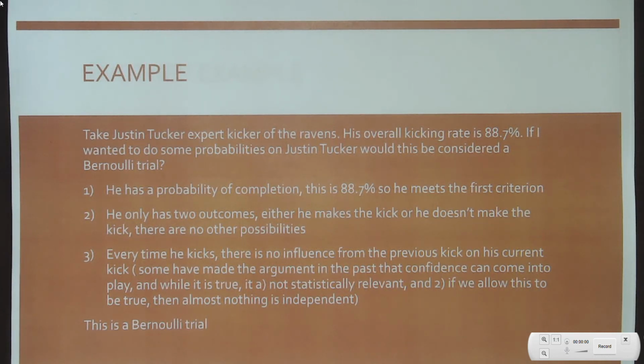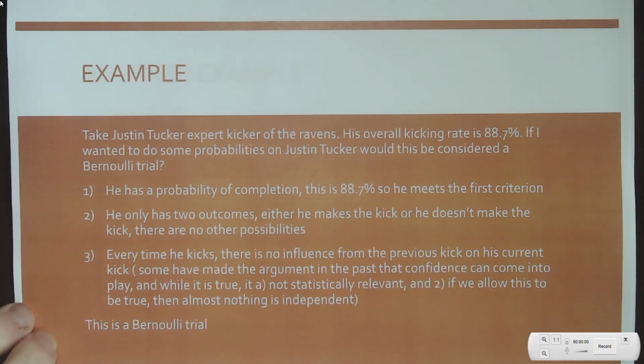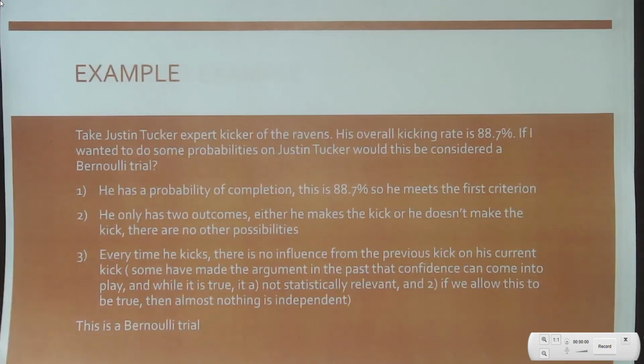You can make the argument that there's a factor of getting into someone's head, having some confidence issues, but that's not relevant, nor is it for every single kick. So that doesn't discount anything. That makes them all independent. He has the same probability of making the kick every single time. So this is a Bernoulli trial.